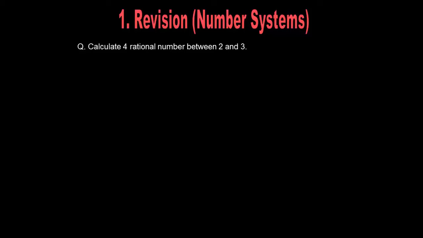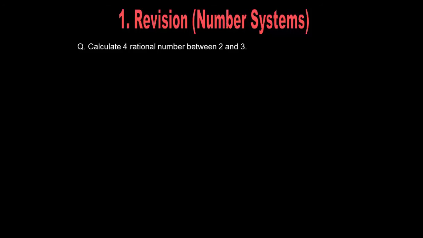Now let us try a problem. You have to find 4 rational numbers between 2 and 3. It's very simple. Add 2 plus 3 and divide it by 2. That will give us 2.5, or rather I say 5 by 2.